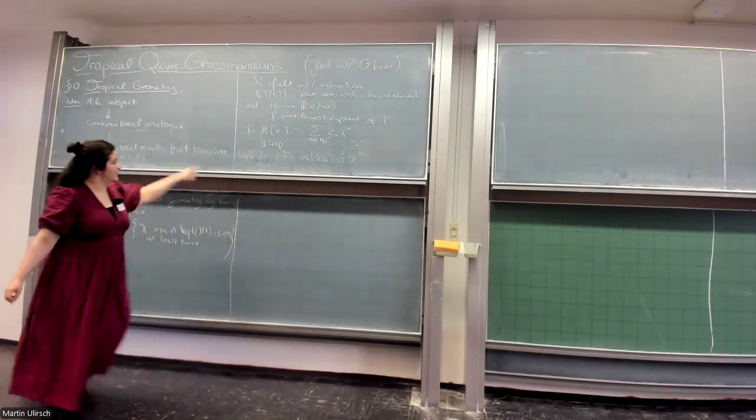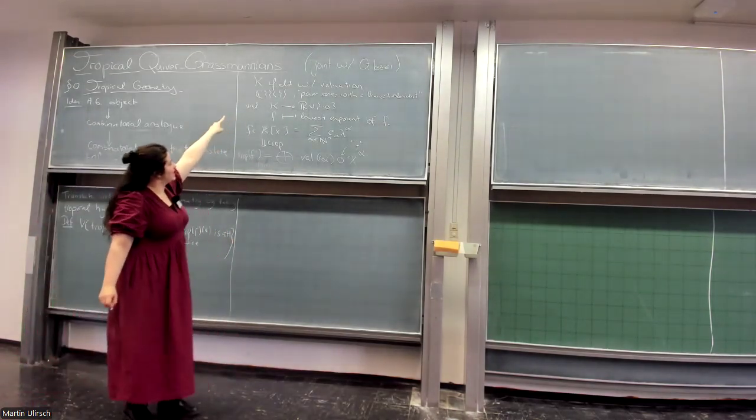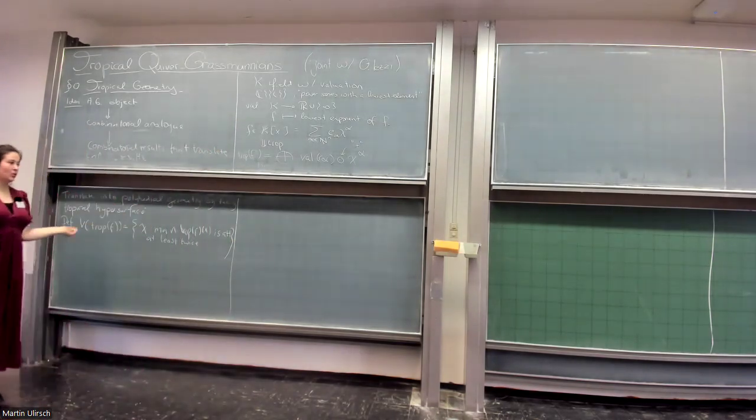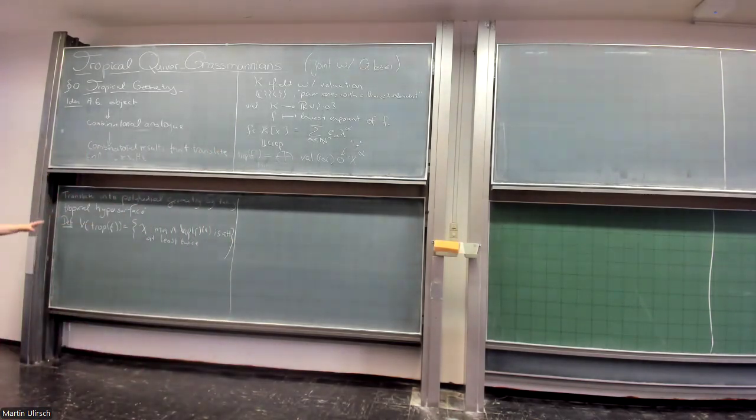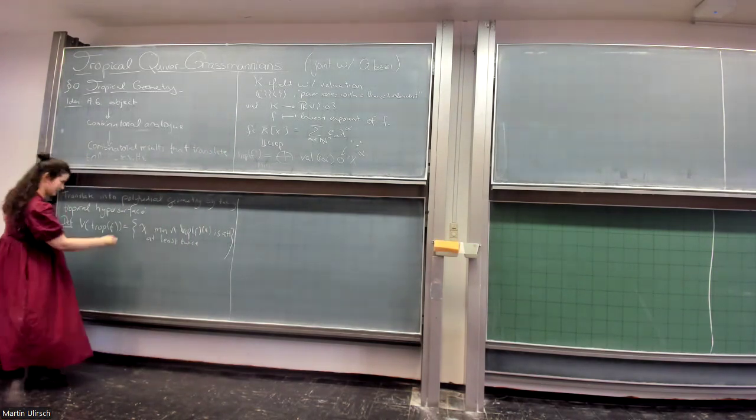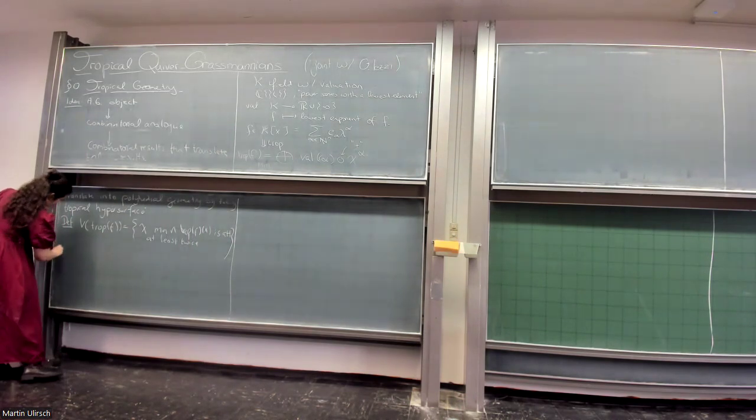For our field with valuation, for the Puiseux series that we have here, this is just the set where the lowest terms of your coefficients of your Puiseux series are equal, which means they could cancel out in theory. And this is a polyhedral complex.